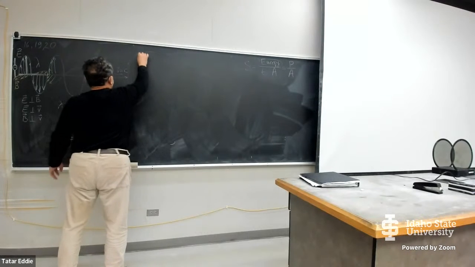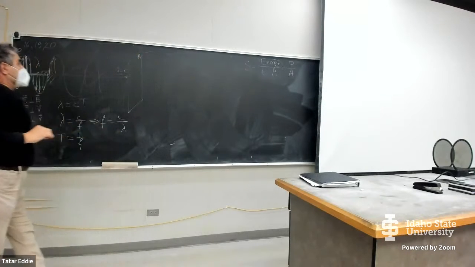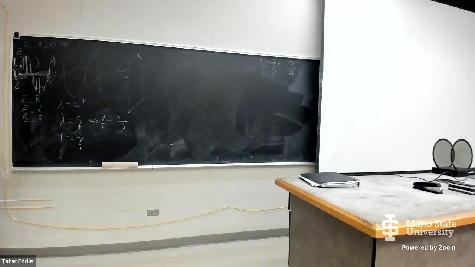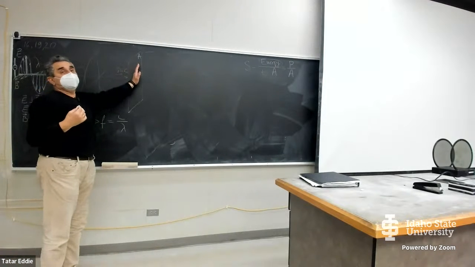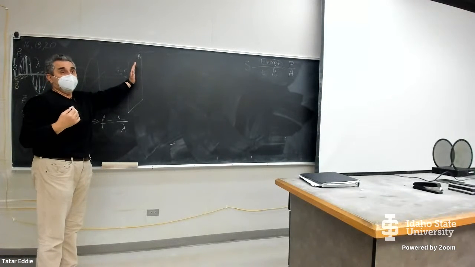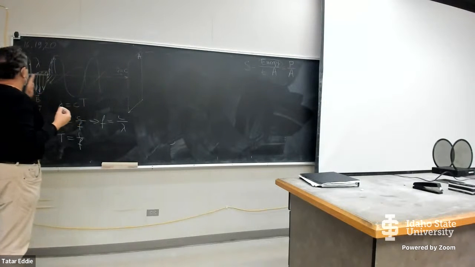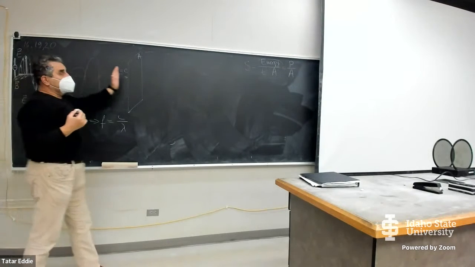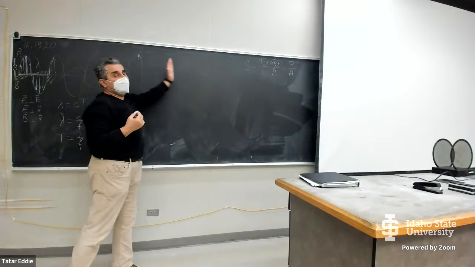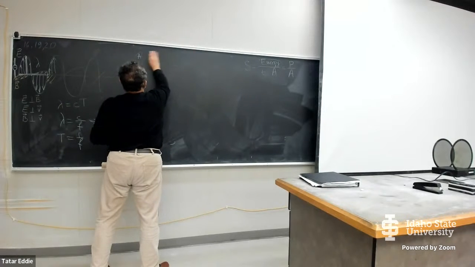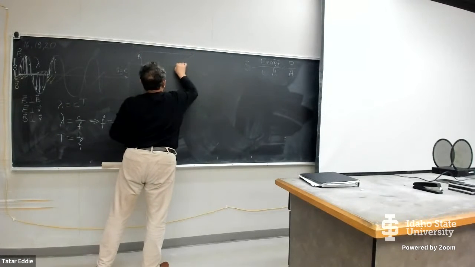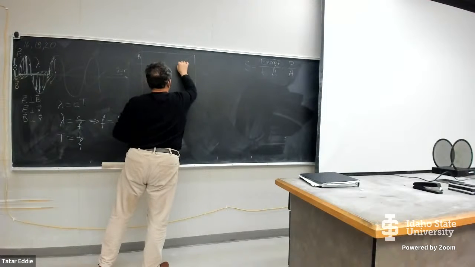Here is this area, A. And think about some time interval t. In time interval t, how much energy is going to cross this area is the question. And look, all electric and magnetic fields that are going to cross this area in time t are going to fill a box like this.